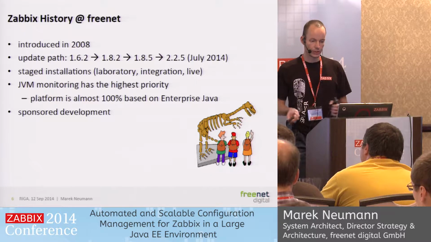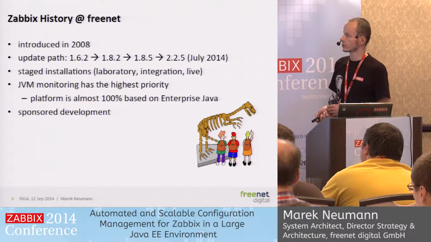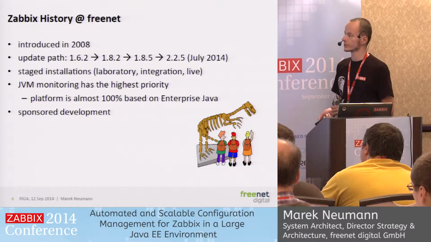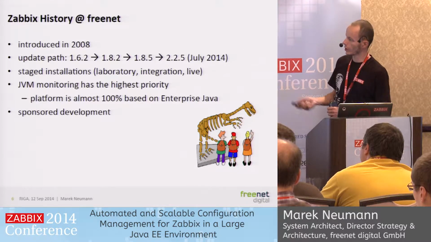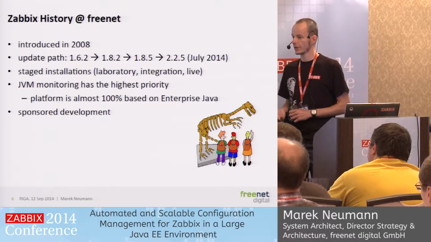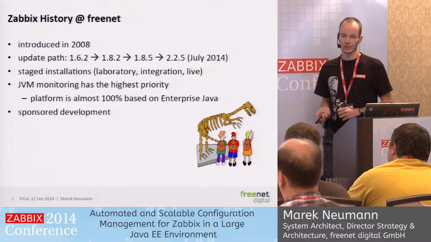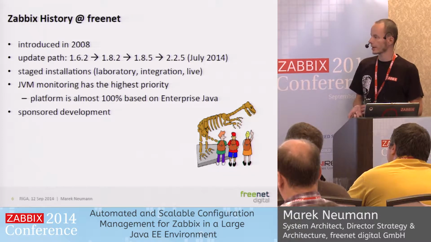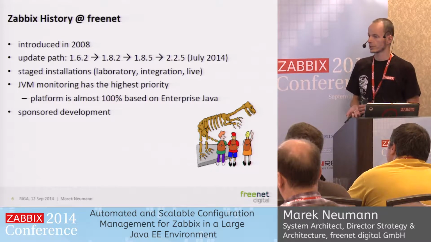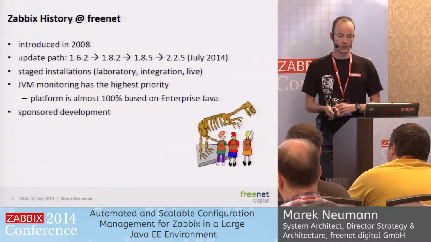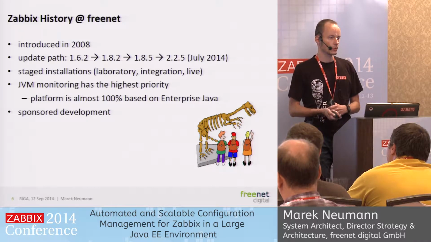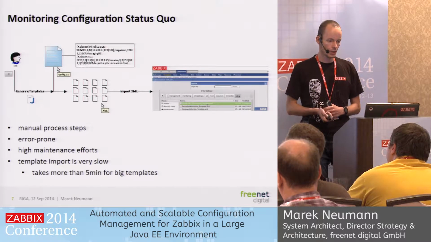And we are monitoring, as I already have said, JVMs, Java virtual machines. We also used sponsored development in the past, so there were some features which were developed by Zabbix SIA for our purposes, and which were also integrated into the open source version.